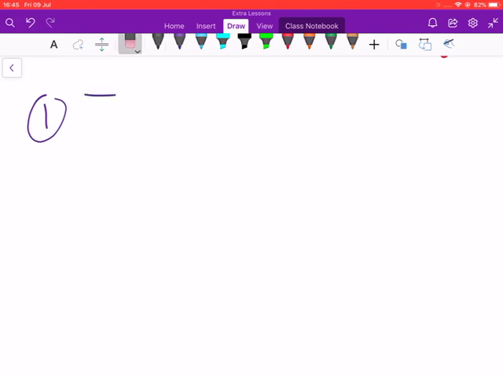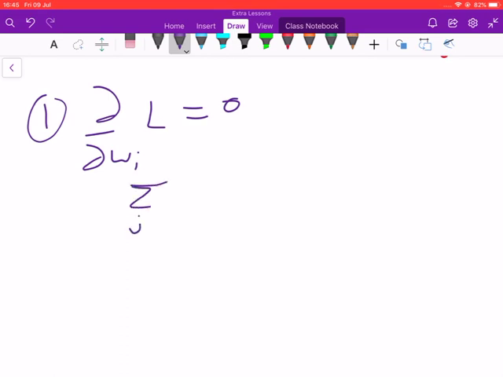So you are going to go back to your Lagrange equation again. The first derivative of your Lagrange equation equals 0, and that thing is going to be the sum over j of weight of j, sigma ij, minus lambda r_i, minus mu, equals 0 for all i's, right?